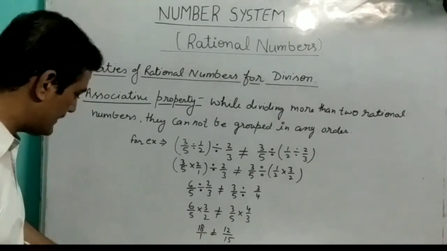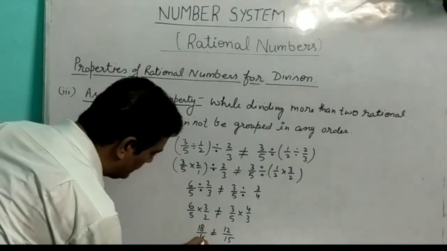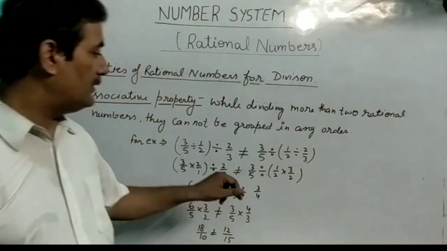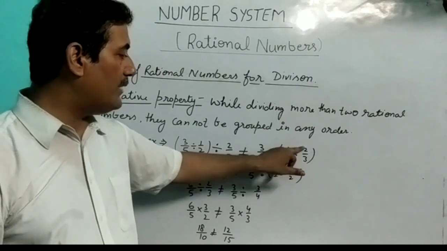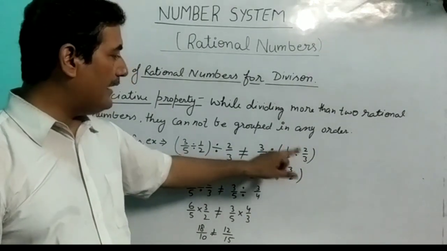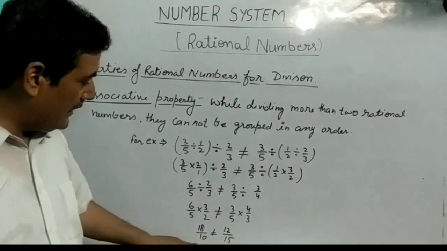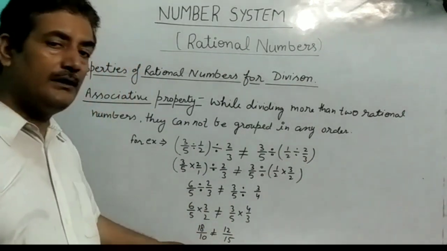But when we change the group, 1 by 2 divided by 2 by 3 and then divided by 3 by 5, the answer is 12 by 15, and both rational numbers are not equal.